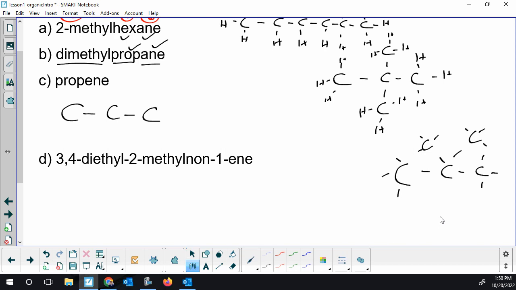I could do a drawing from this side, and that would be the 1 position. Or, also equally correct, you could do prop and put the double bond on the other side. Now I would be numbering from this side. And no matter where I put the double bond, the shortest way to get there is the 1 position.